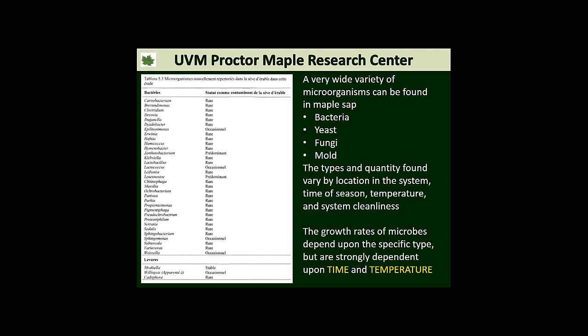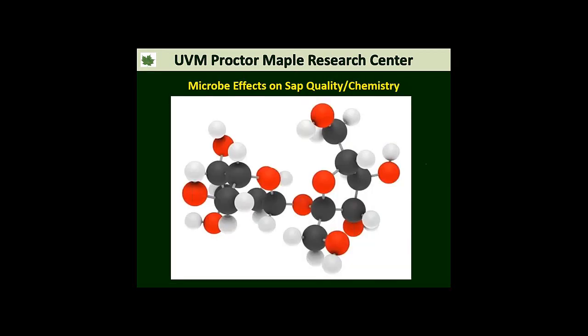There's sugar, so there's energy for these microbes to feed on. But what are the other things we have to look at? Time, how long it's been, and how warm it's been. The longer it's been and the warmer it's been, the more contamination of your tubing systems or your sap you're going to have.